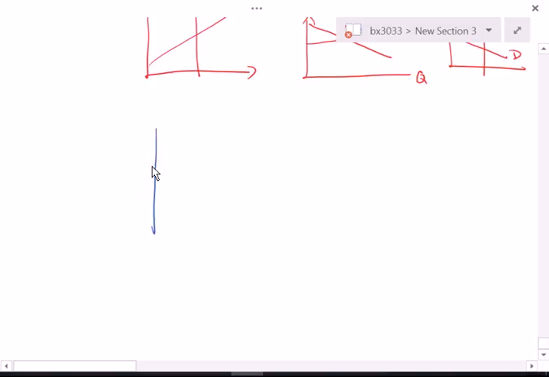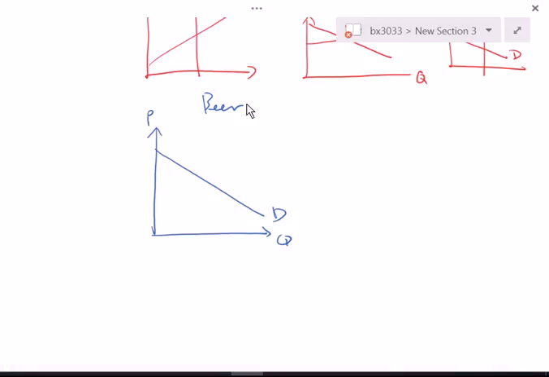So let's look at demand, say again, demand for beer. This demand curve tells us information about consumers' maximum willingness to pay.